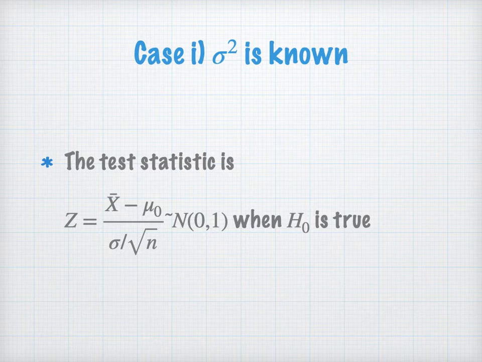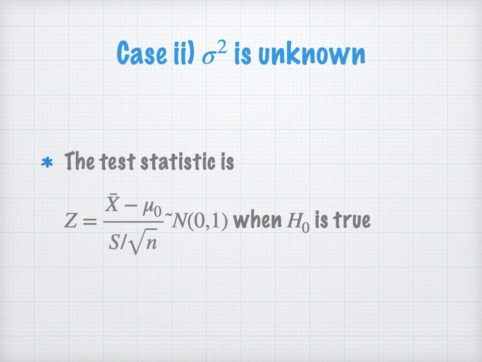Since this sample is a large sample, it follows approximately a normal distribution. Even though we are not going into that, x bar minus mu naught divided by sigma by root n follows a standard normal distribution when H naught is true. So this is the test statistic when sigma square is known.